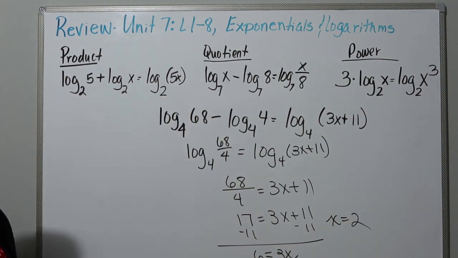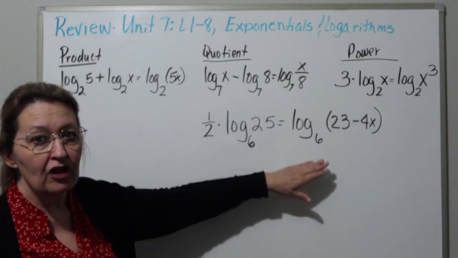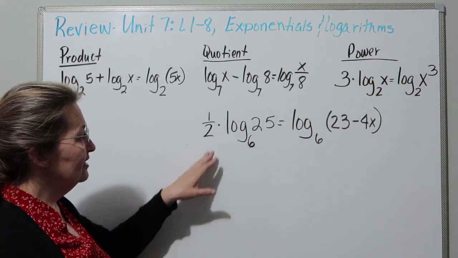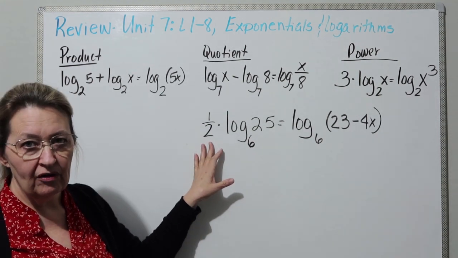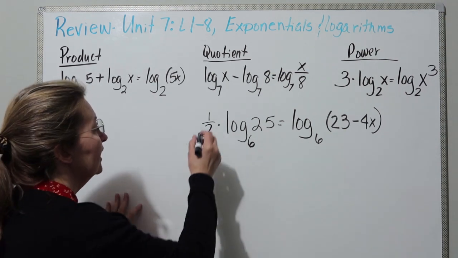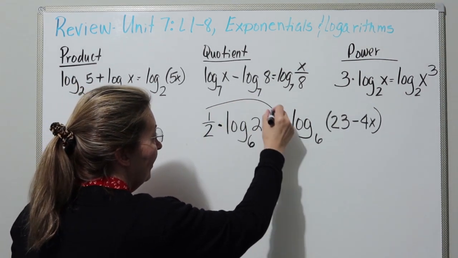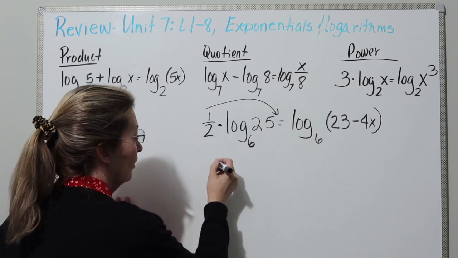Okay, now let's look at the power property. Now while I do see that I have log to log, I also see that there's a number in front of the log. So that's not condensed either. But my power property lets me take any coefficient of the log, any number multiplied by it, and make that the power.